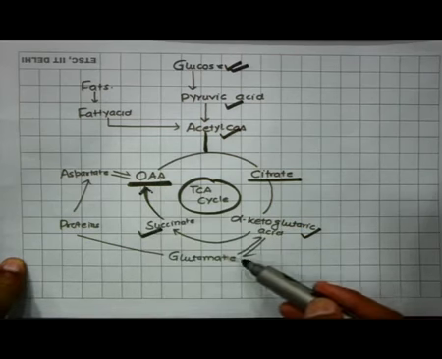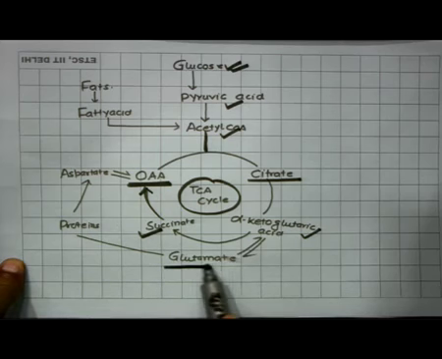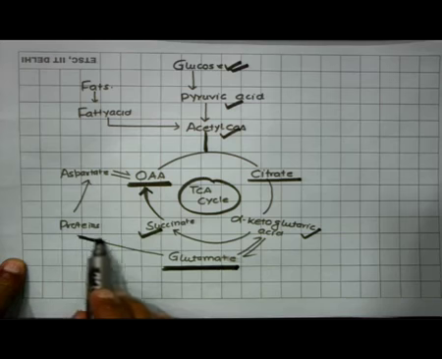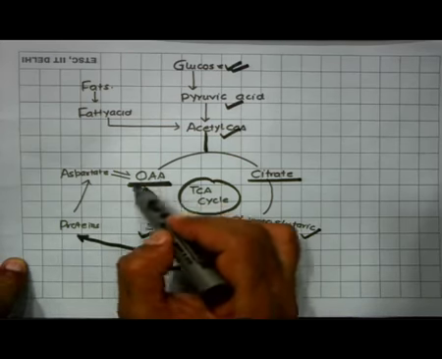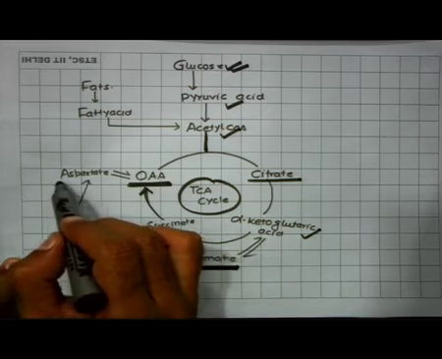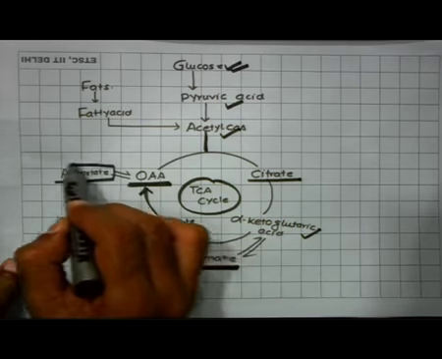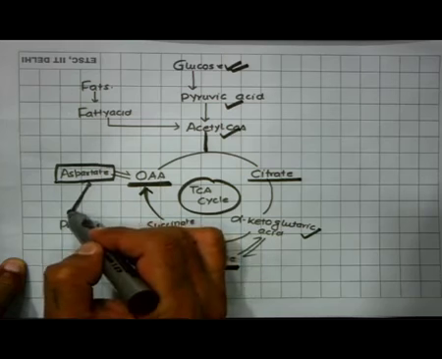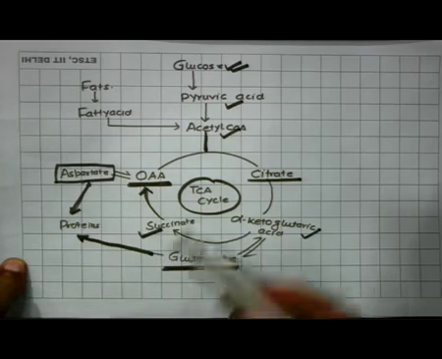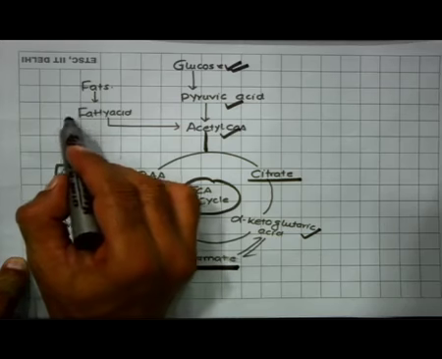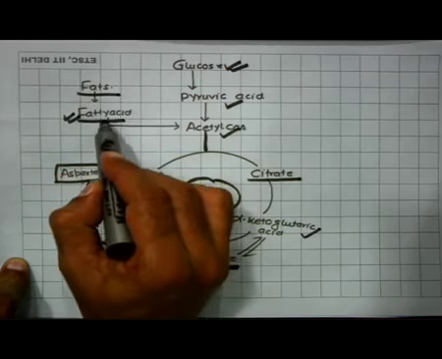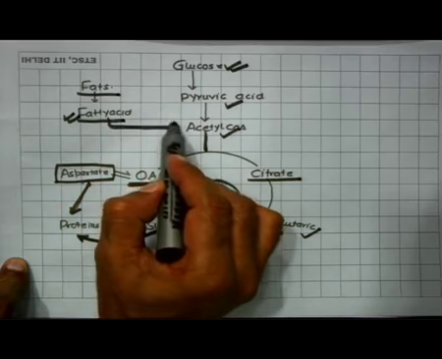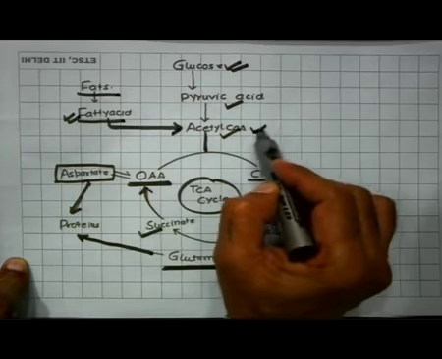This alpha ketoglutaric acid helps in the formation of glutamate, and this glutamate helps in the formation of protein. Oxaloacetic acid also helps in the formation of aspartate, and from the aspartate protein is formed. And fat is converted into fatty acid, and this fatty acid is directly involved in the acetyl coenzyme formation.